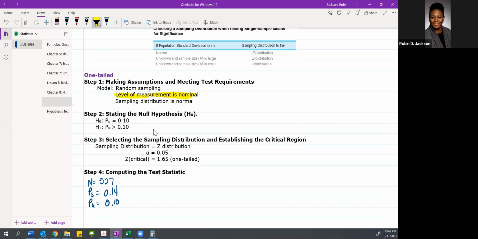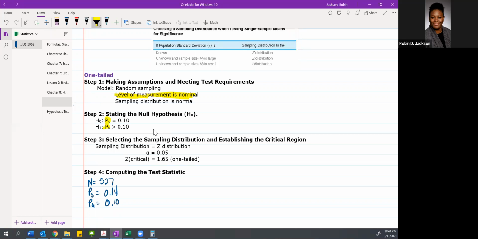Don't get in the habit of copying and pasting this information and forgetting to go back and change it for this problem. You need to keep in mind that when you're working with proportions, that information is going to be nominal. All right, so stating the null hypothesis. The key things that change here are these symbols.